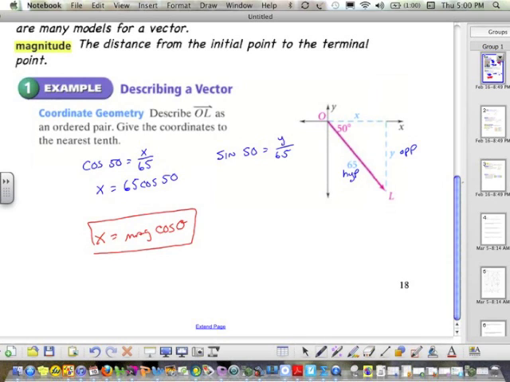Multiply the 65 to the other side, and y equals 65 times the sine of the angle. And for this one, again, the angle and the magnitude did not matter. I could replace those with any. And y is always going to be the magnitude times the sine of the angle. So if you ever have magnitude and direction, you can change them to x, y if you need them.